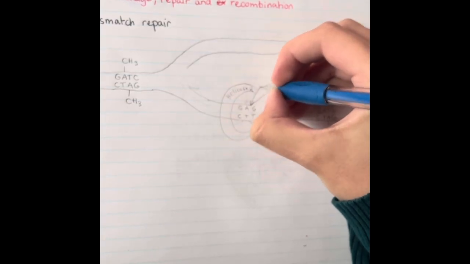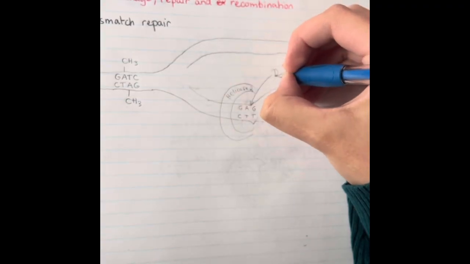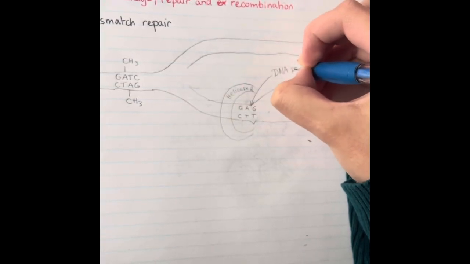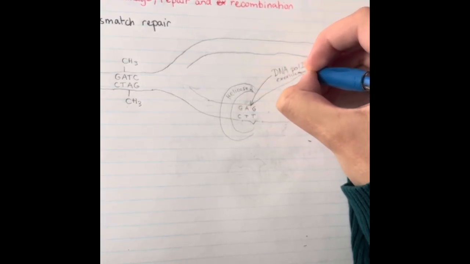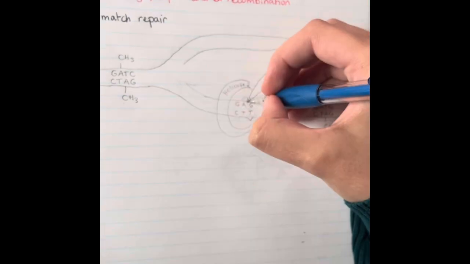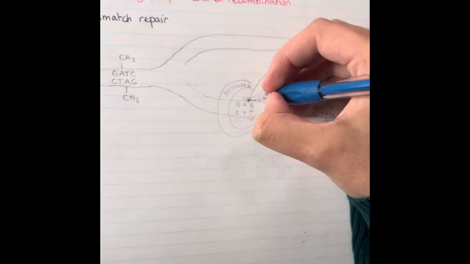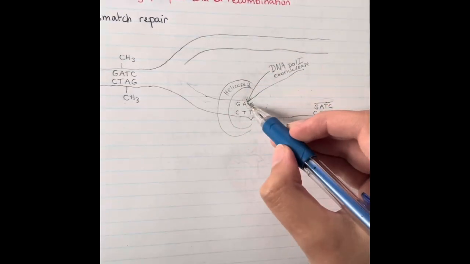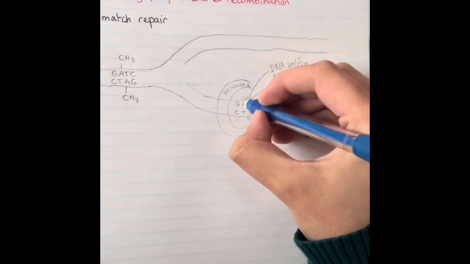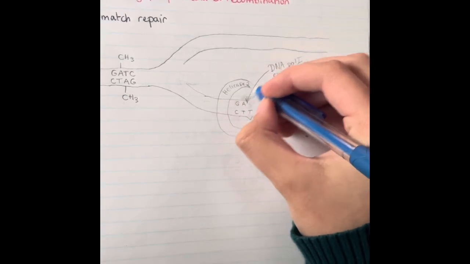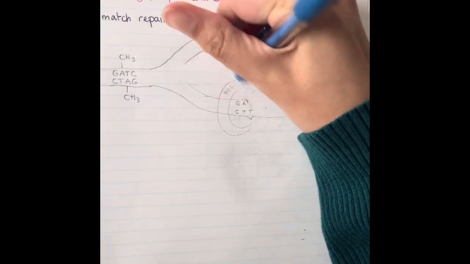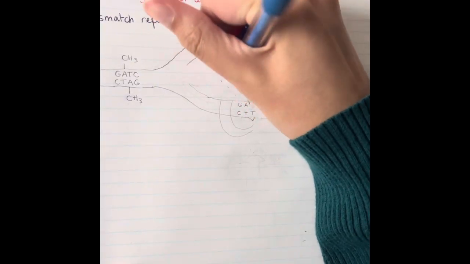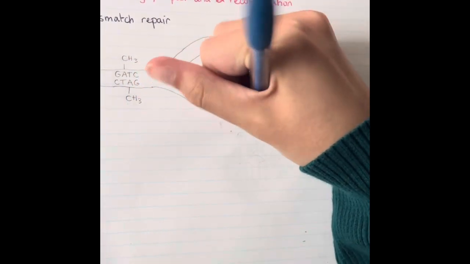And that is going to be the job of DNA polymerase I, the exonuclease. This is the protein that is going to cleave here. So then this is all gone. The mistake is erased, but it is not yet corrected.